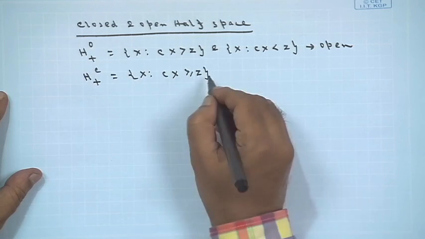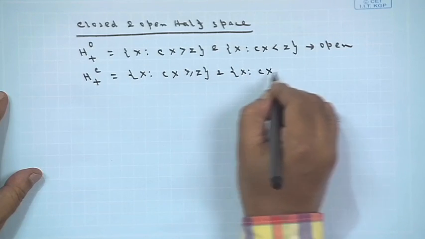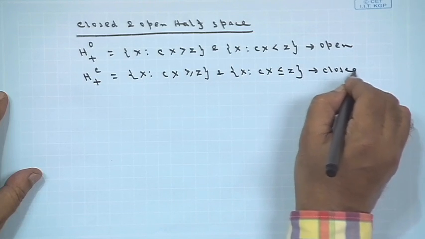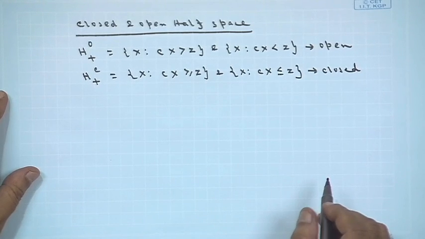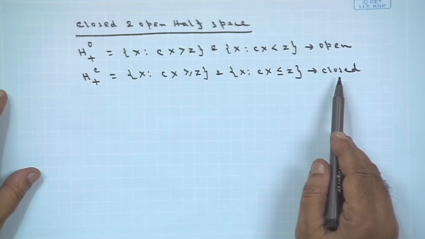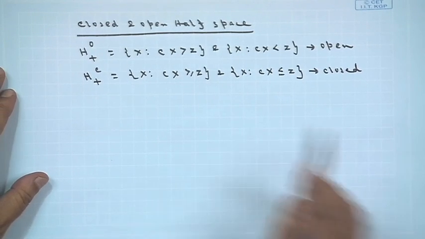So, you can understand the difference. Just like open set and closed set, you are including this boundary point or not. Like this way, we are defining open or closed half space.